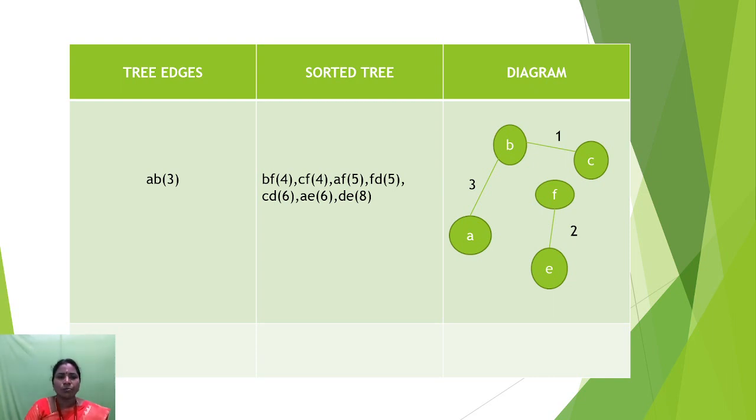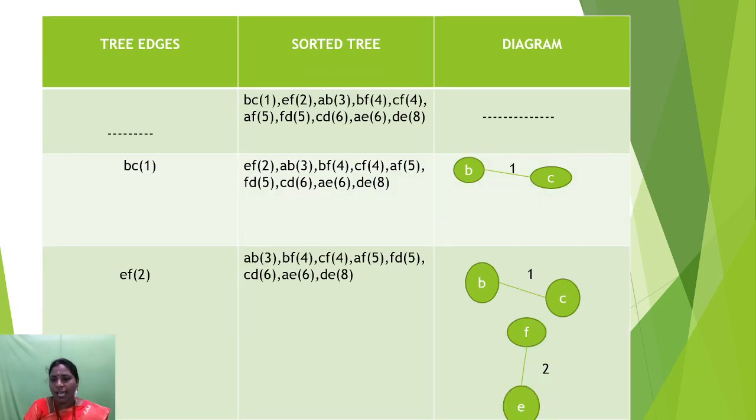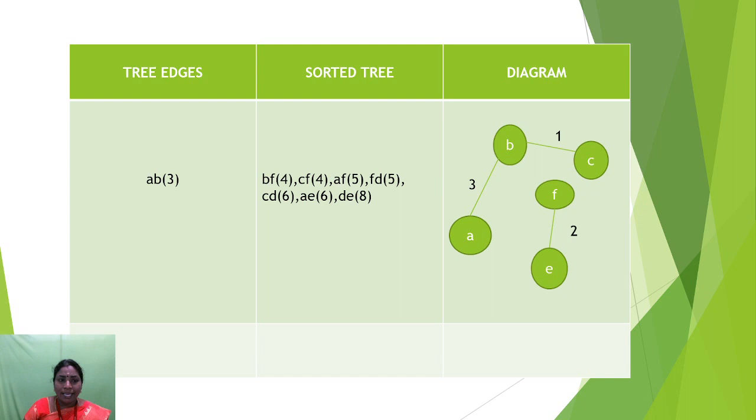We just move the minimum value from the previous row and assign it in the tree edges: AB 3. Once again you come to the diagram section. BC and EF with the lowest weightages are already available. Now I am connecting AB. Since BC is already available, I just connect A with B and assign the weightage value 3.